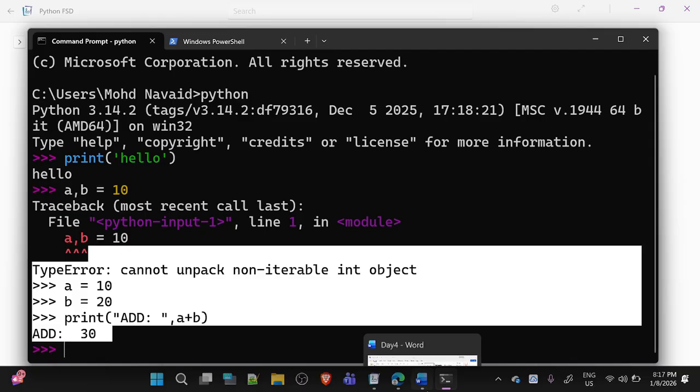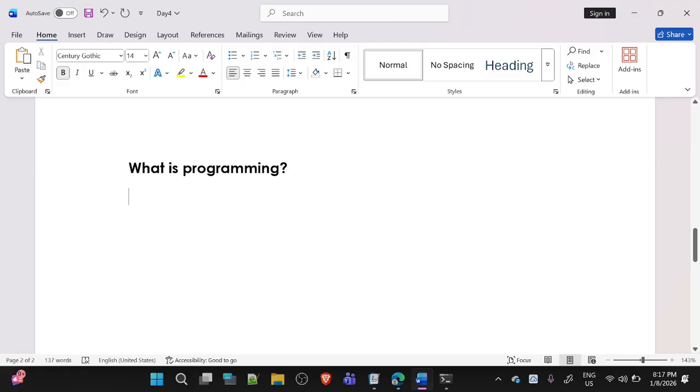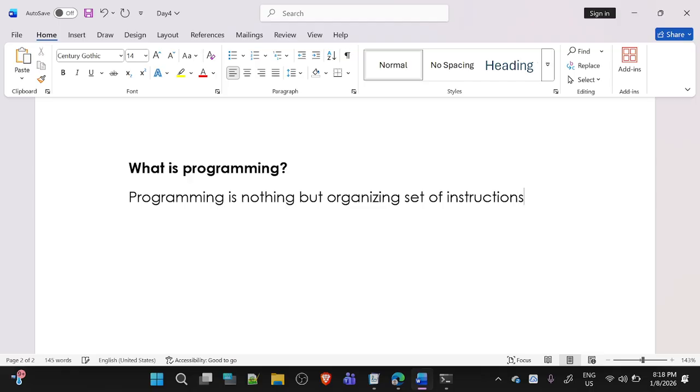So let's come back here. What does programming mean? Programming is nothing but organizing a set of instructions according to a given problem or syntax.